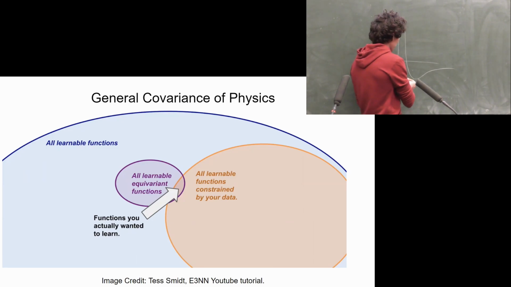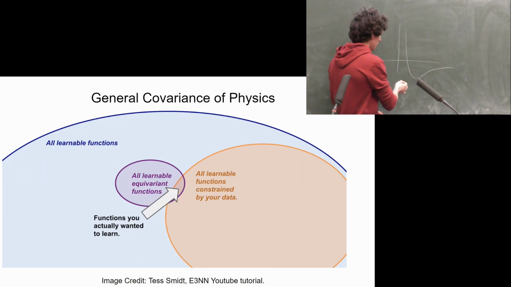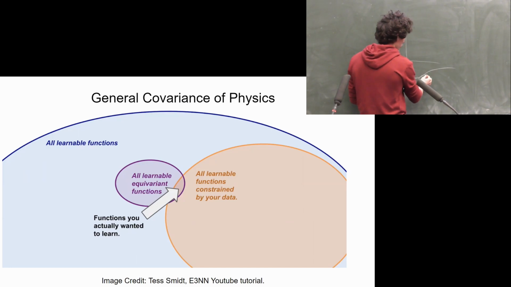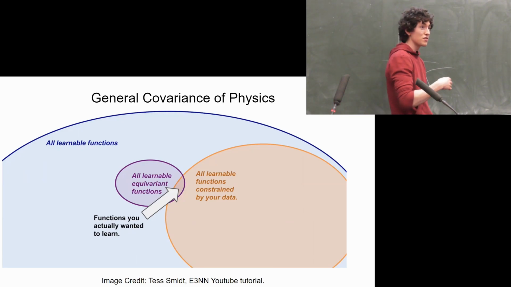Well, if you happen to show the model data around here, if you plot the model in this radial direction, it will fit your data, but it could well just head off a cliff afterwards because it has no reason to adhere to any underlying physical principle.